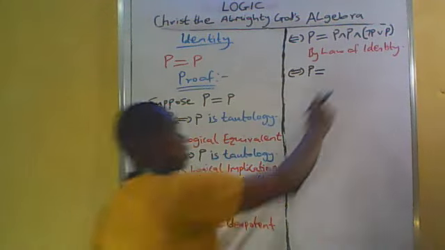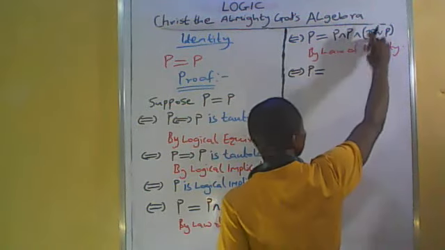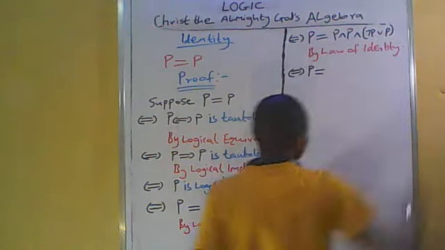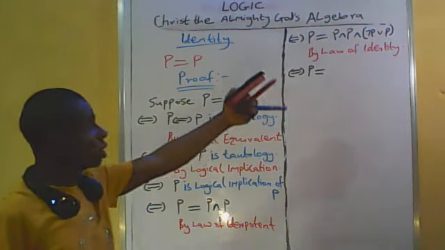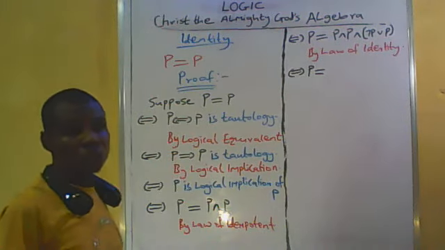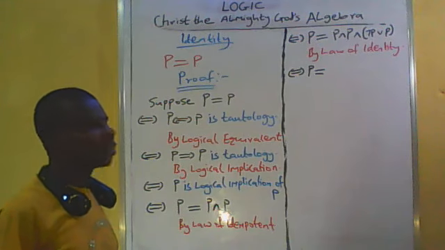Now we are going to transform this not P or P to a conditional statement. It is in the disjunctive statement. We are going to transform it to a conditional statement.